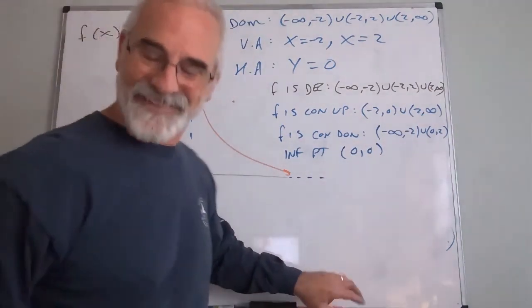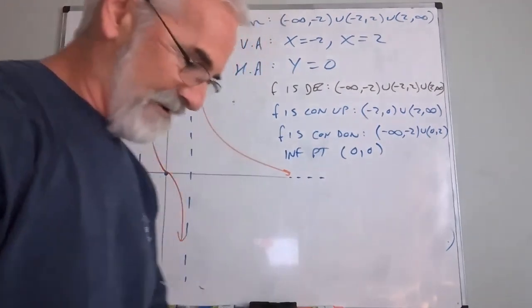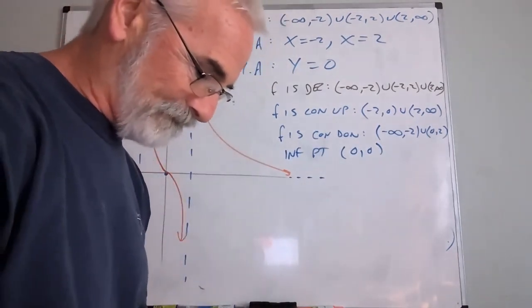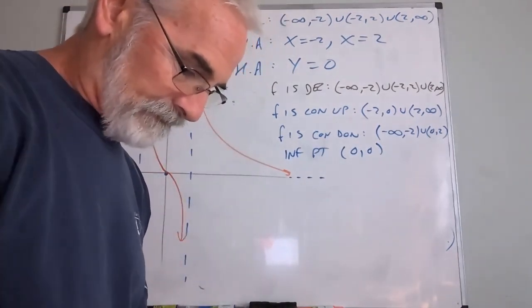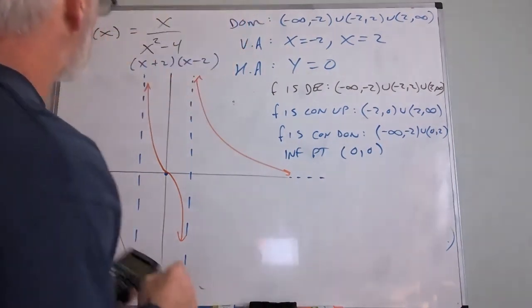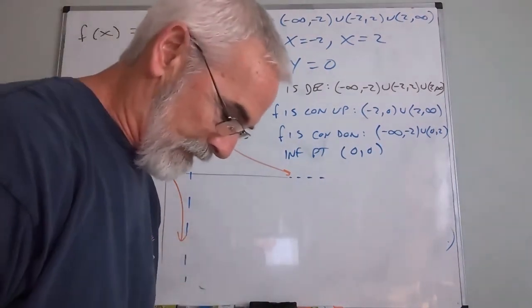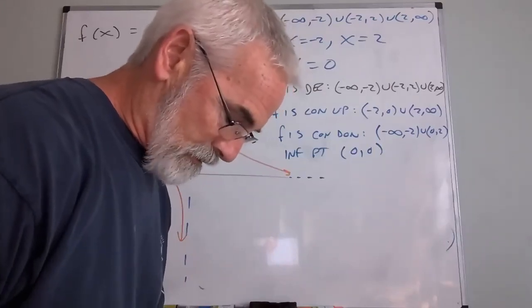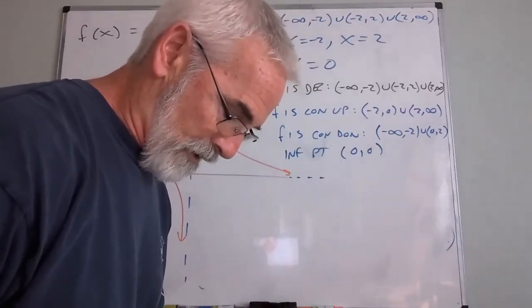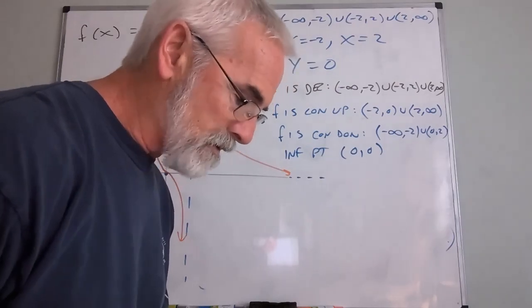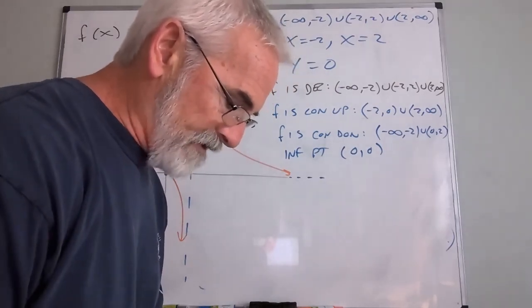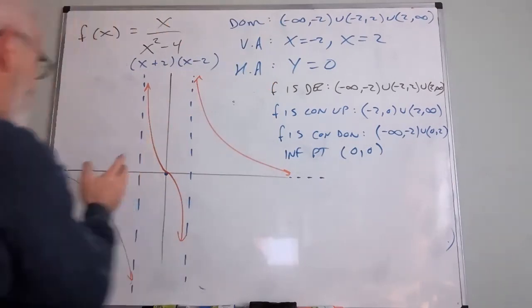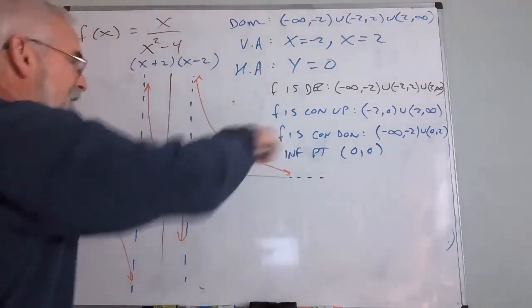You like that? Yeah, have some fun with this one. So we've got x over x squared minus 4. And now for a window, I want my window to go fairly far in each direction because I want to actually be able to see those.